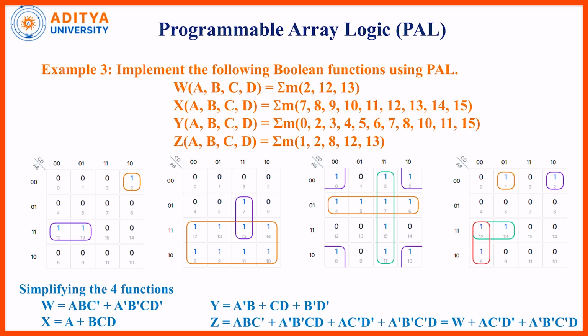Now coming to example 3. This example 3 contains 4 equations, W, X, Y, Z. If we observe, it starts from 0 and ends with 15. That means totally we can consider 0 to 15.